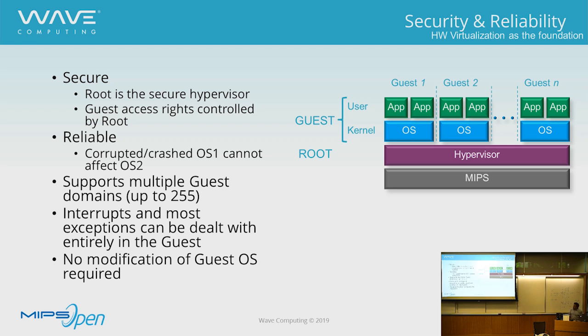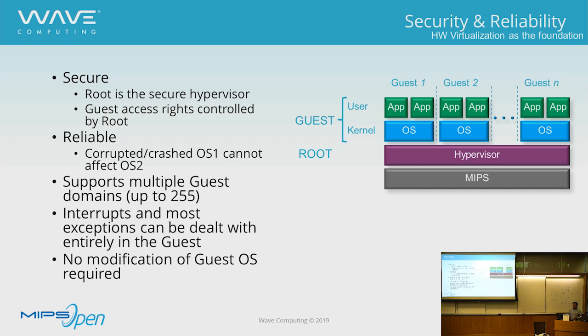As I mentioned, you can handle up to 255 guests. We haven't seen that many, but that's the limit as far as the MIPS R6 instruction set goes. You could decide that certain interrupts can be directed to a guest. You know what? I want to give USB control to guest 3.